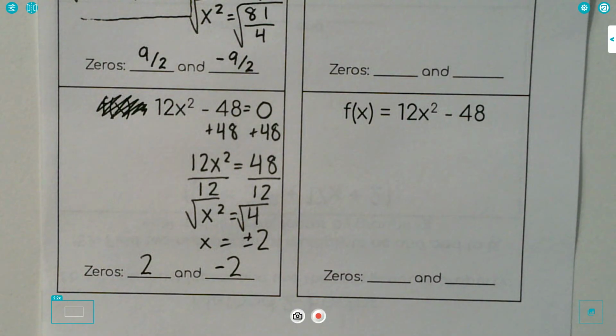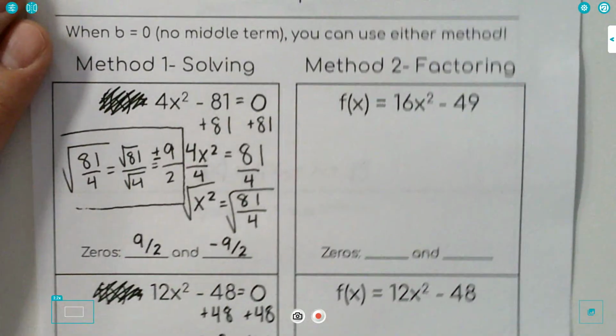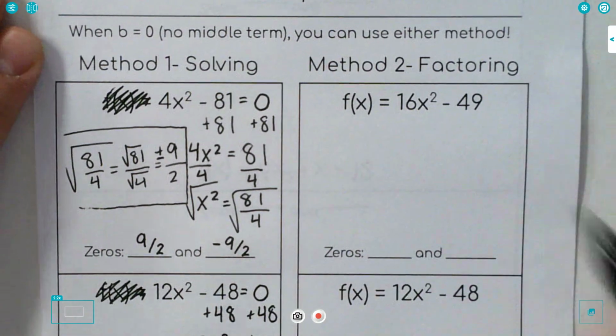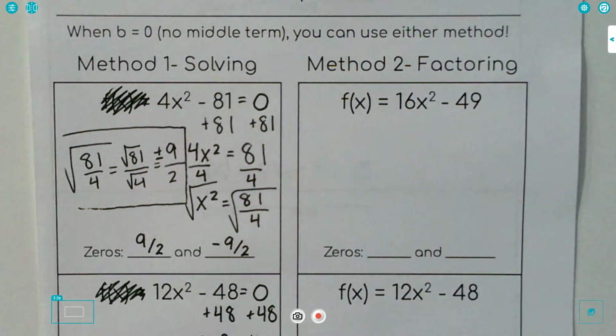Okay, if you did not like doing that, here's another way you could do it. We could have also factored both of these problems. So this one right here, 16x squared minus 49, 16x squared and 49 are both perfect squares. It's subtraction, so we can use difference of squares.